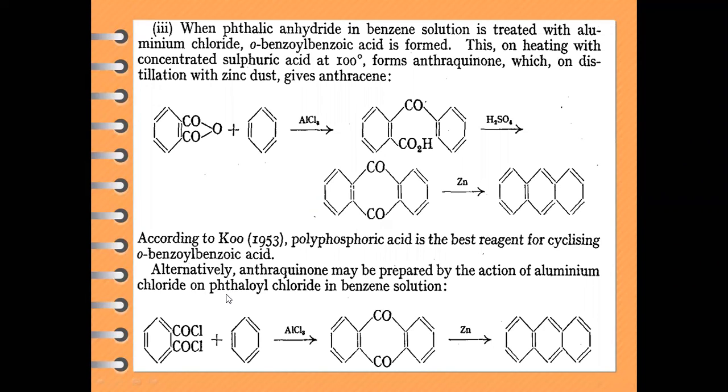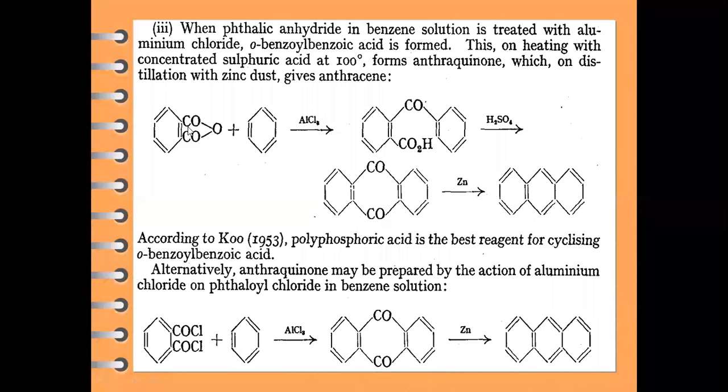Now, the second method, alternatively: the quinone may be prepared by the action of aluminium chloride with phthaloyl chloride. Phthalic acid upon chlorination forms phthaloyl chloride, and this phthaloyl chloride reacts with benzene in the presence of aluminium chloride, a similar method.